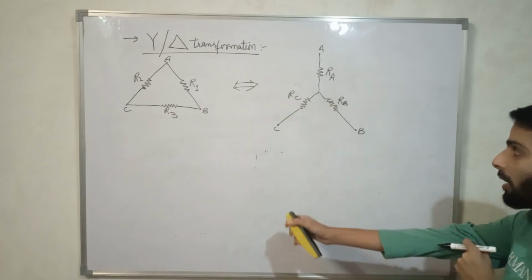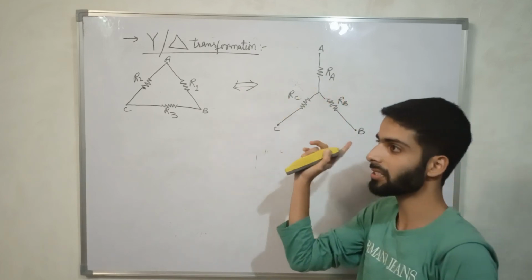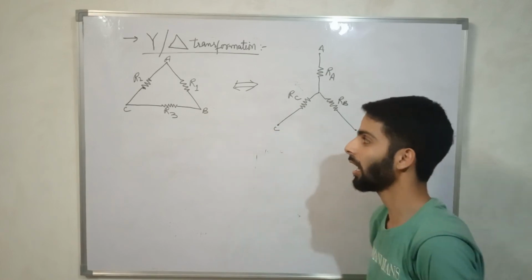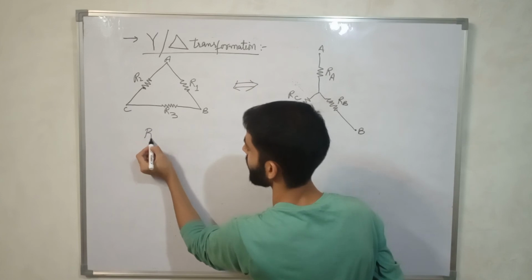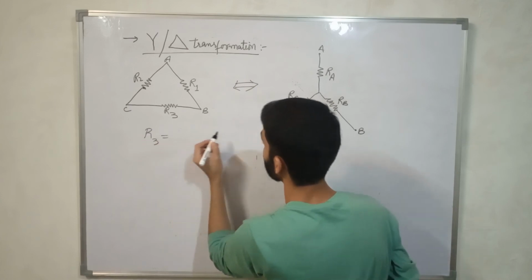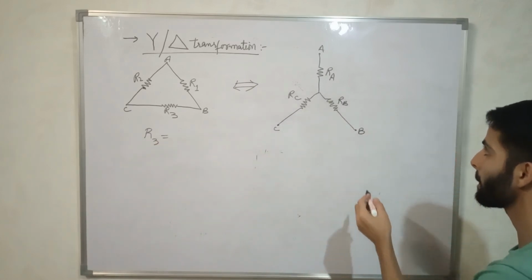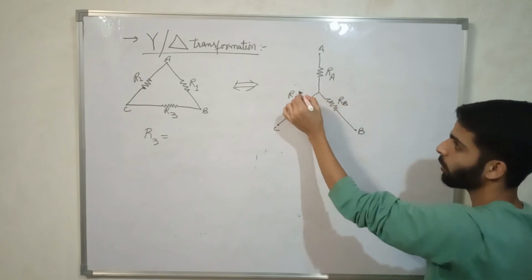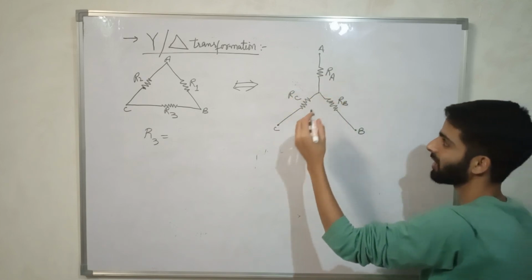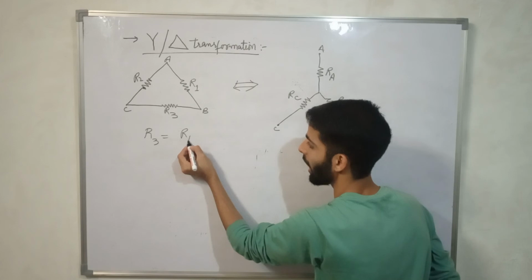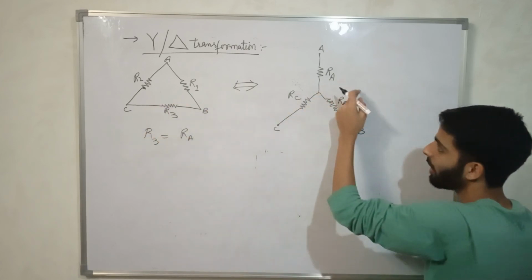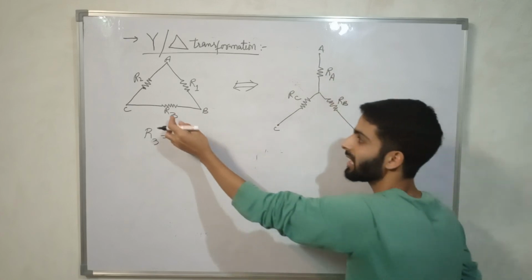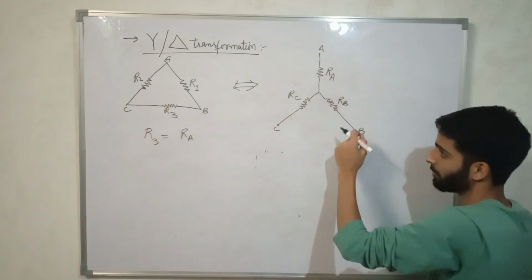So if we have to find the resistances interconvertibly, how will we find? For example, if we are to find resistance R3, how will R3 be found? We will multiply those in a circular fashion, RA into RB. What will be the equivalent of this resistance in terms of this?